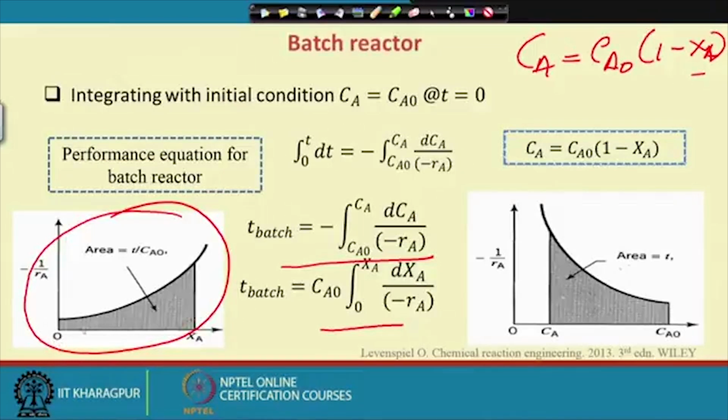The X A will be 0 to X. But we should understand that when we have the correlation between minus R A by C A, this is C A 0 and this is C A, am I right? But when you draw this correlation with respect to X, then you start from 0 here. The same type of correlation will be like this.